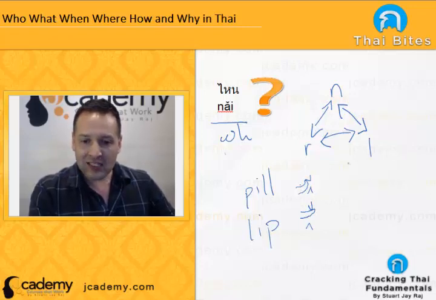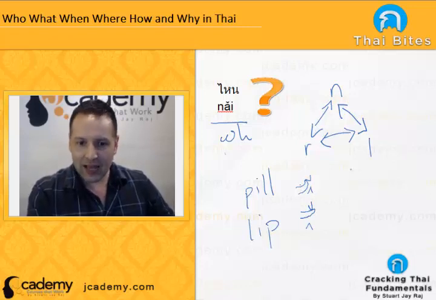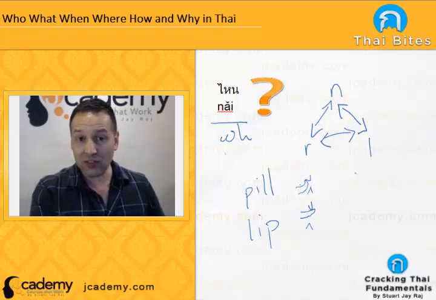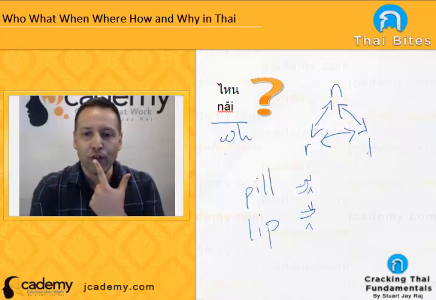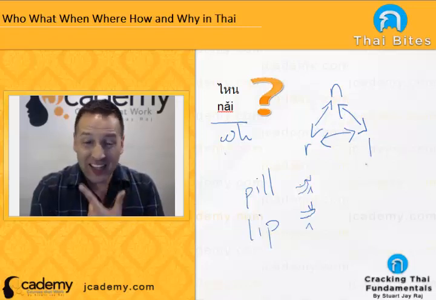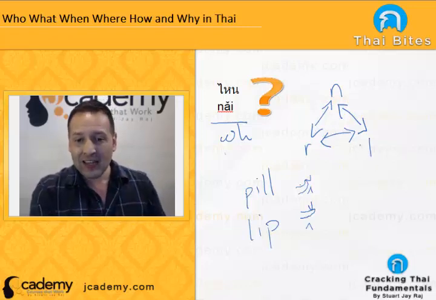But in Thai and other languages around this part of the world, and even in other European languages, the R is a trilled R, and the L is also from the same place, and they're actually interchangeable in Thai.